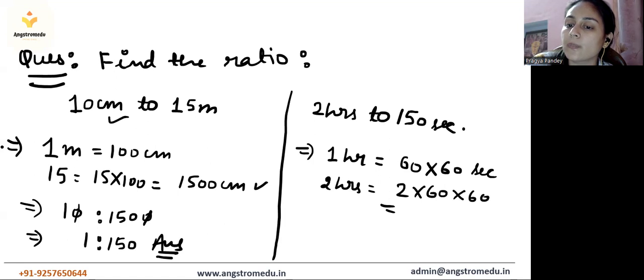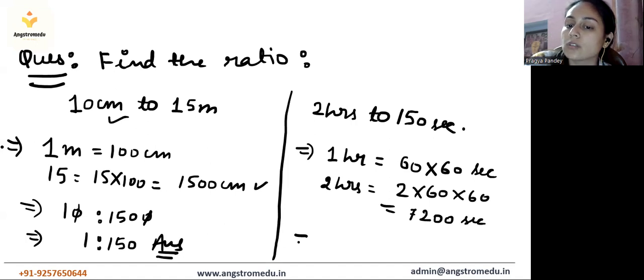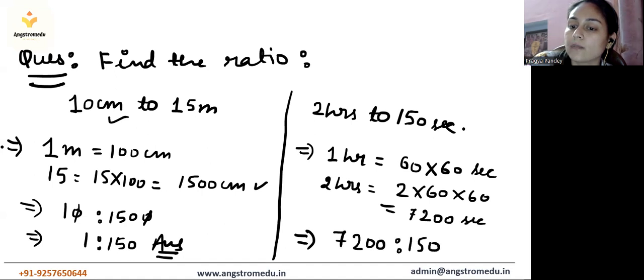It will be 6 sixes are 36. 36 into 2 will be 72, then 0, 0 as it is. Okay. So 7200 seconds are there in 2 hours. So now just simply write the ratio. 7200 is to 150.